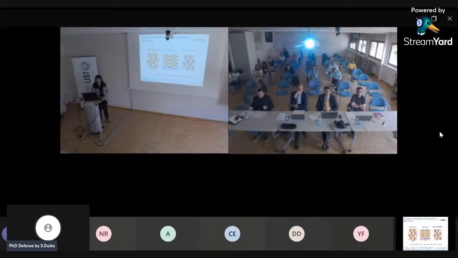This is the case where the dopant is isolated. This is the case where the dopant is forming a layer. The blue represents the dopants and the yellow are the hafnium. And this is where the dopants are intercalating between the hafnium.